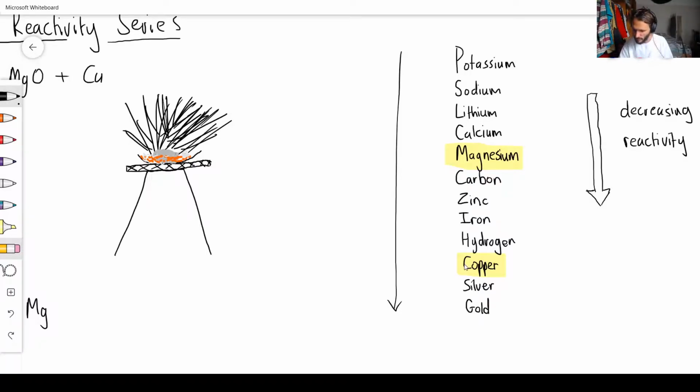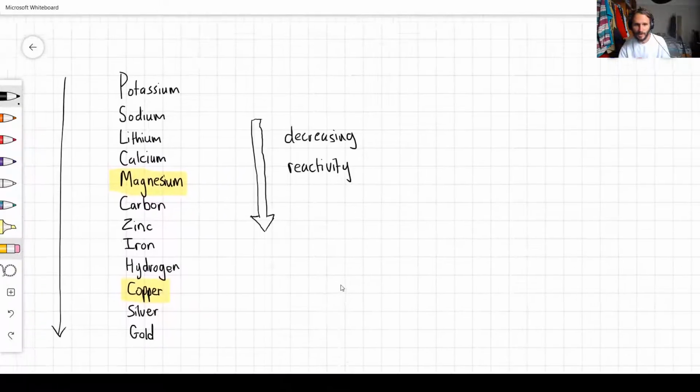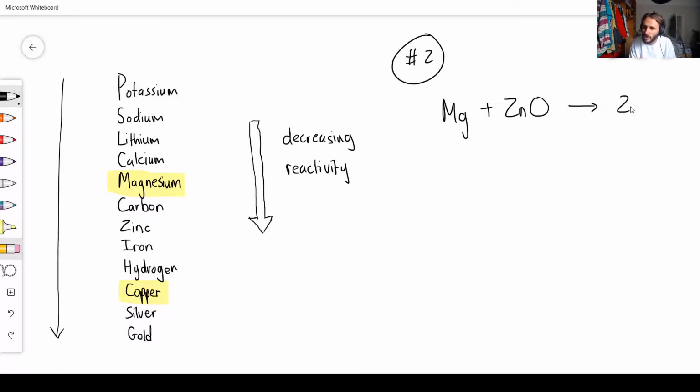Okay, so let's do another example, and let's keep this Reactivity Series quite close by. Let's do number 2. Let's say we've got magnesium plus zinc oxide. What are we trying to achieve here? Think about it. We're trying to replace the zinc with magnesium so that we are left with just the zinc.